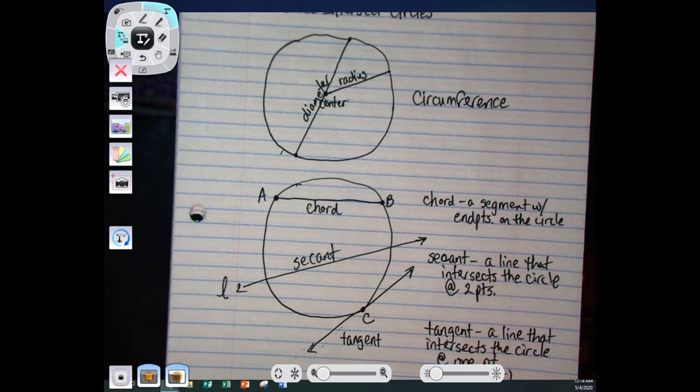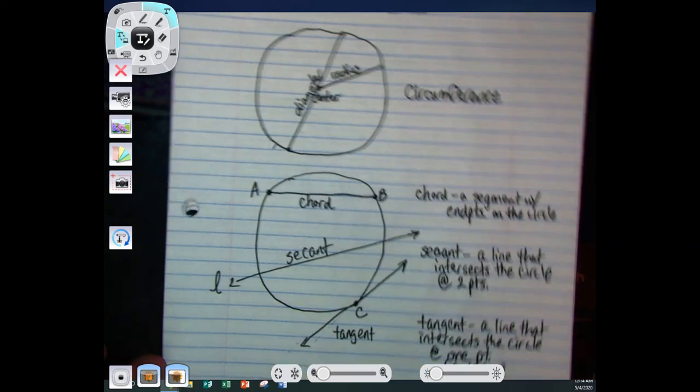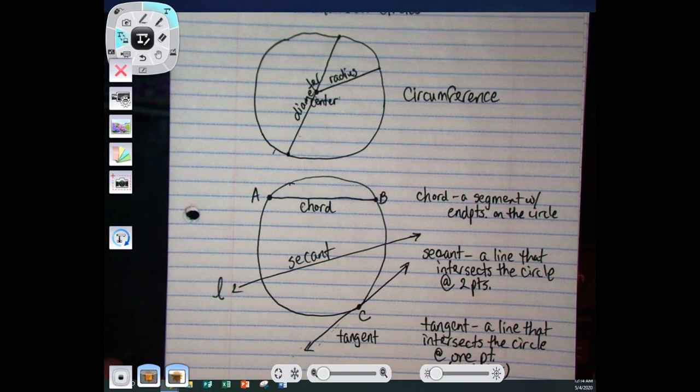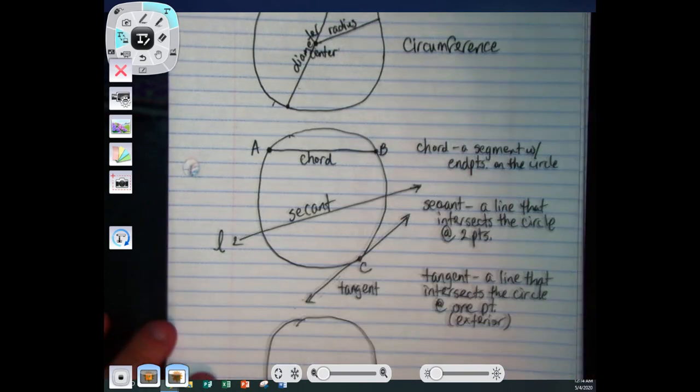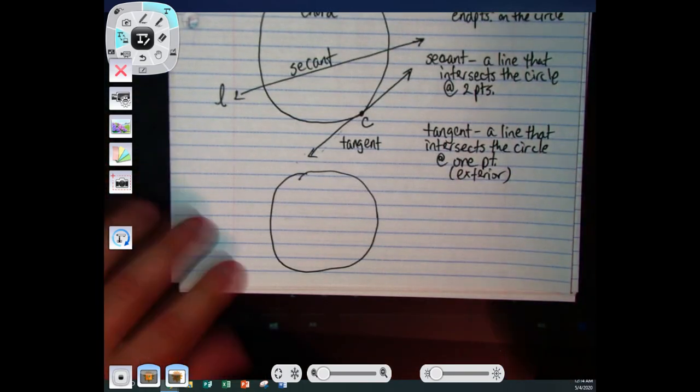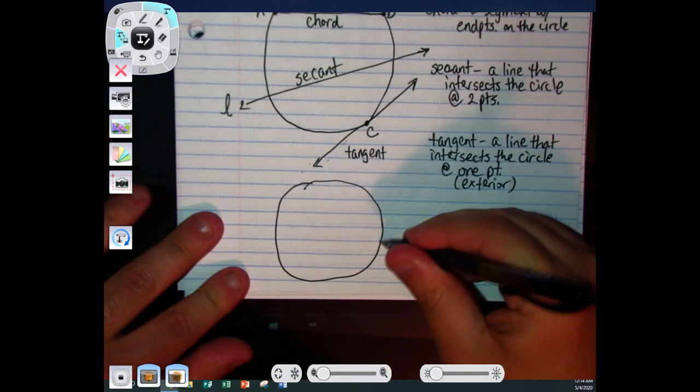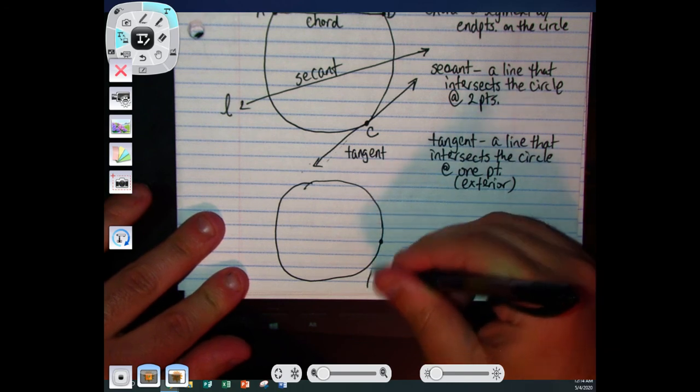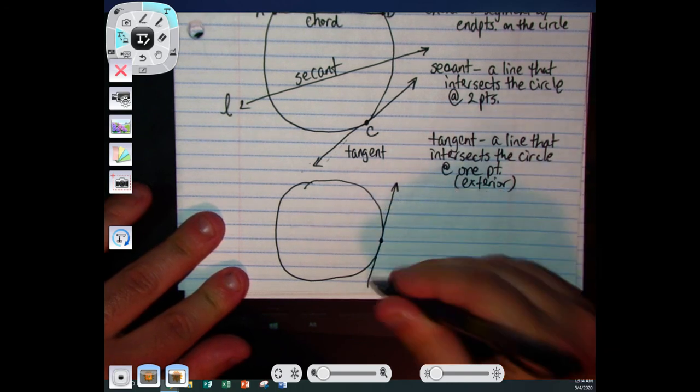Okay. Now, just a few things to notice about a tangent. So again, I sketched another bad circle here. So here I have my point, and I have my line that's tangent.